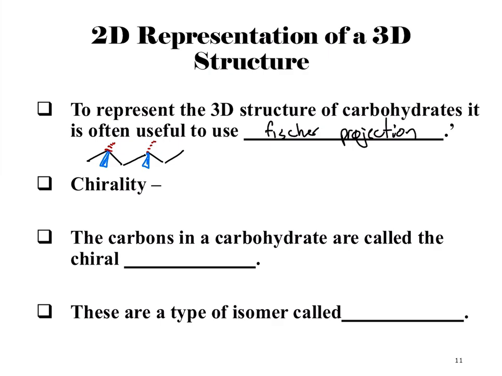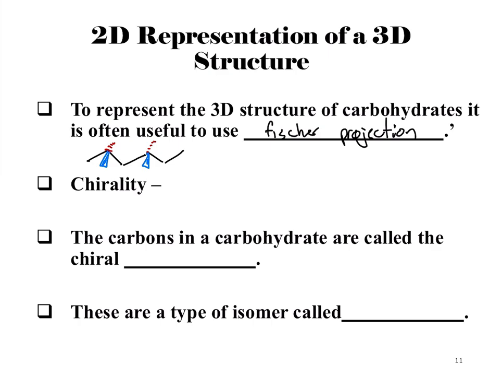And so when we talked about organic chemistry, we talked about the idea of chirality. Does anyone remember what chirality was? These are a specific type of isomer called stereoisomers and enantiomers. And chirality is when we have two non-superimposable mirror images, right?